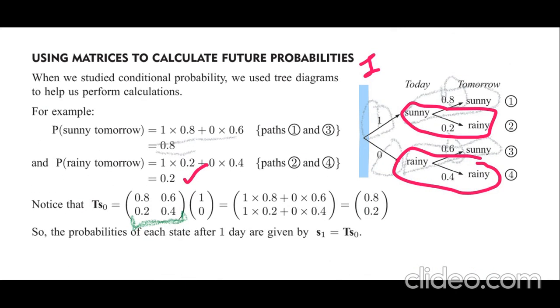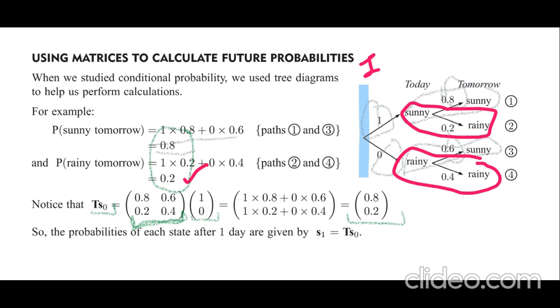So to find TS0, we will multiply the transition matrix with the initial matrix and we will get our answer. You guys can see we are getting the same answer as the tree diagram.